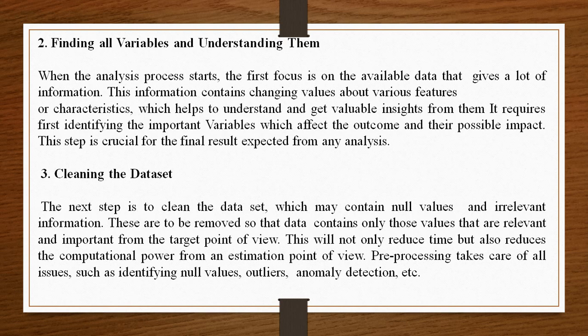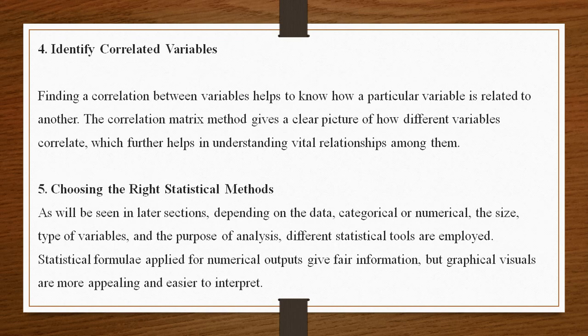This will reduce my time, and it will also reduce my computational power, because the pre-processing is going to take care of all the issues such as identifying null values, outliers, anomaly detection, which is going to reduce my processing time. So here cleaning the data set also is going to help me with the reduction of my computational power, okay.